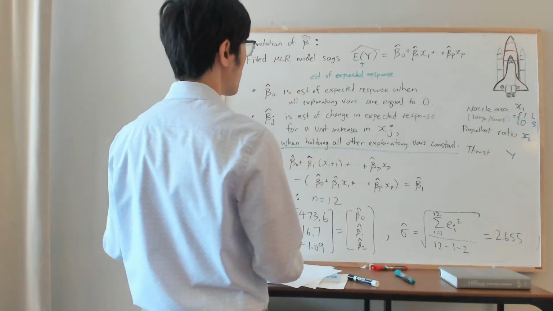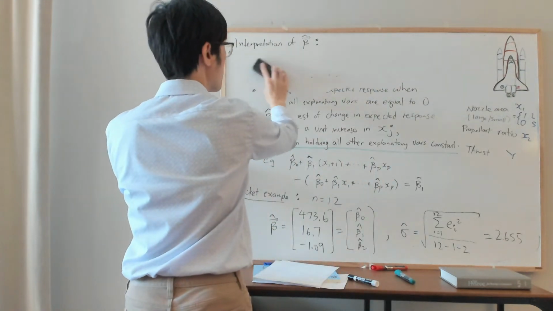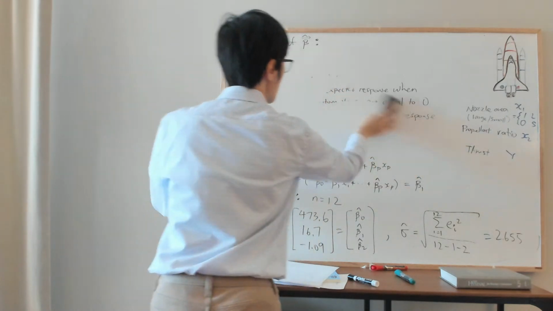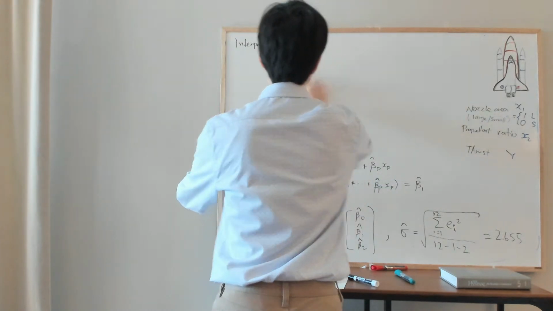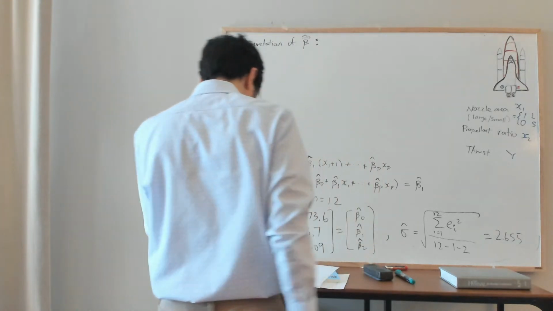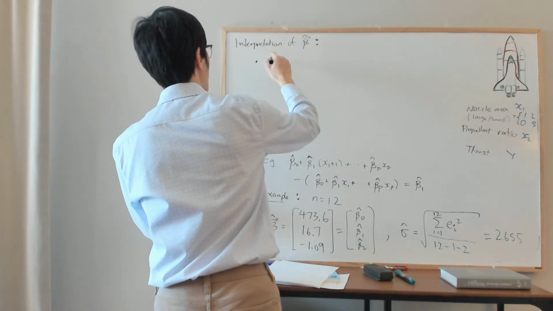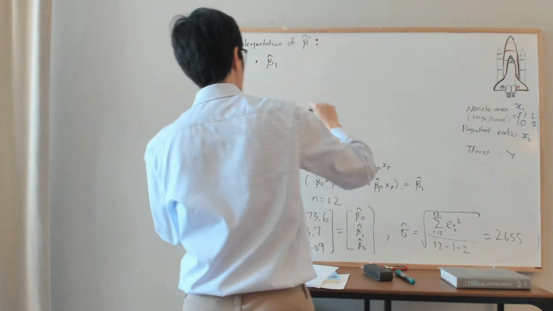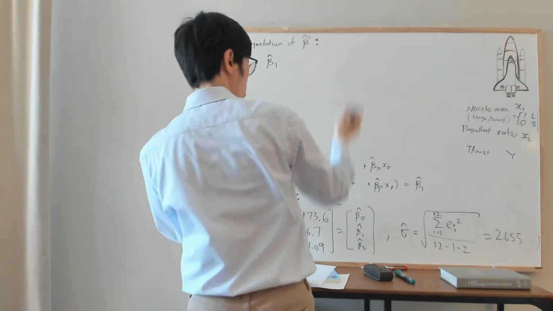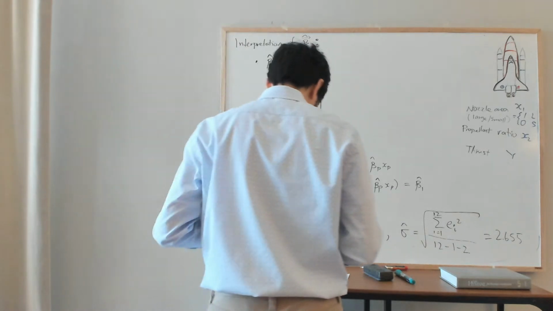And let's interpret. According to this model, let's look at beta 1 hat. In words, for this particular example, beta 1 hat is minus 16.7. What is this?